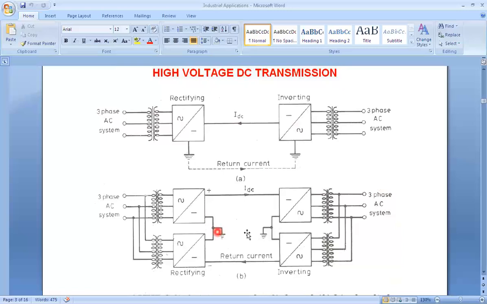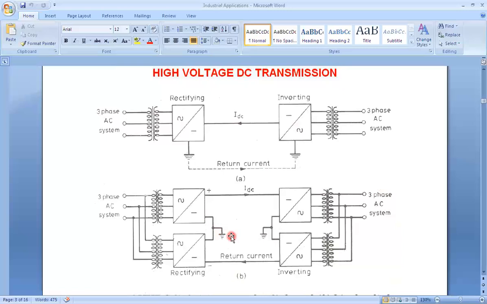So here it is also ground, and here it is also ground. The positive wire and the negative wire carry equal currents. Therefore, when both have equal current, there is no current in the earth line.